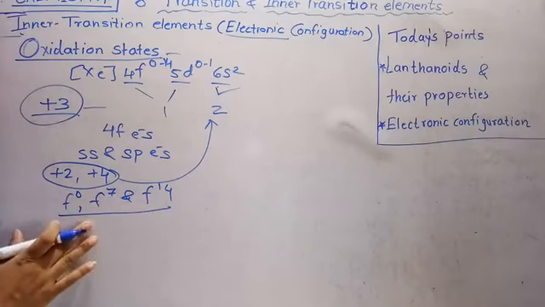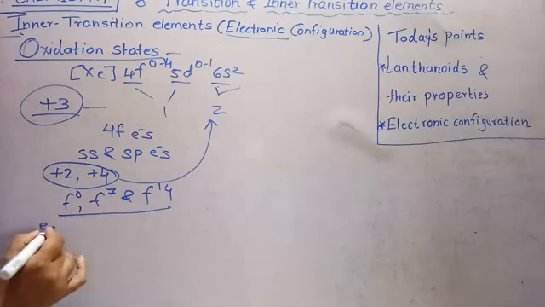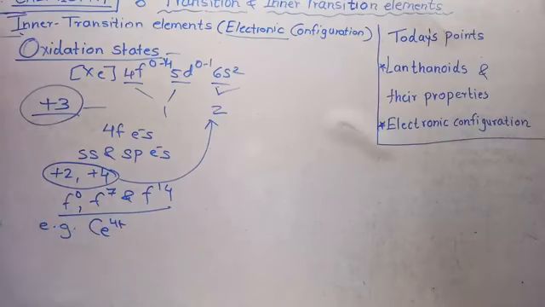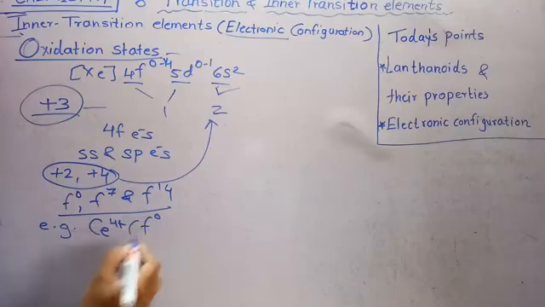There are some resulting ions for these electronic configurations. First is cerium 4+. Cerium exists in a +4 oxidation state with 0 electrons in F orbital.